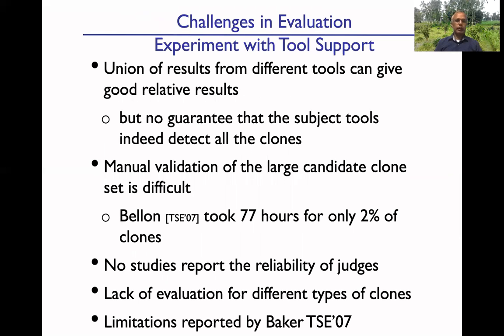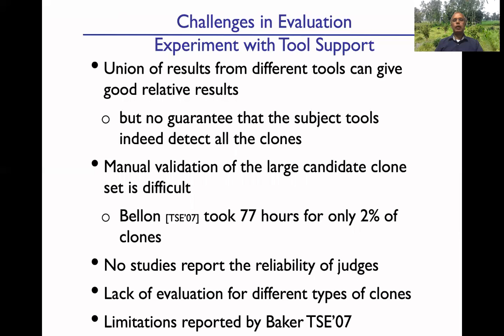And for that, Baker, for example, raised the concern about Bellon's benchmark because only 2% was validated, about 77 hours, but there was no reliability of the judges, no guarantee, because it used a union result of different clone detection tools.